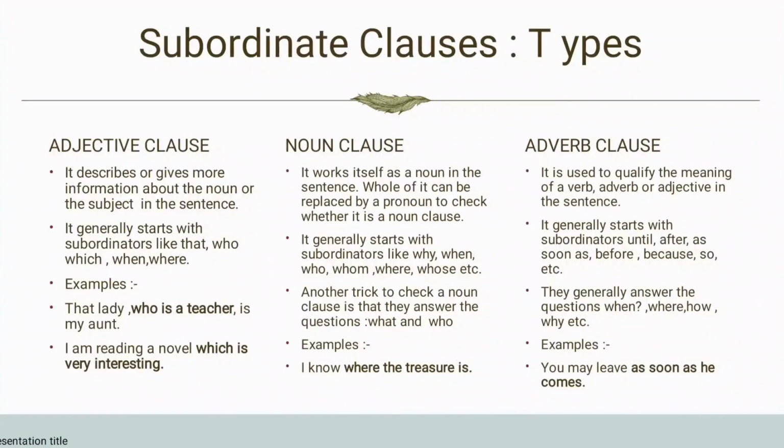This is the answer, isn't it? And it can be replaced by a pronoun: I know it. That's also correct. So it has passed both tests. It can be replaced by a pronoun, and we can ask the question "I know what?" and the answer is where the treasure is. So this is a noun clause.